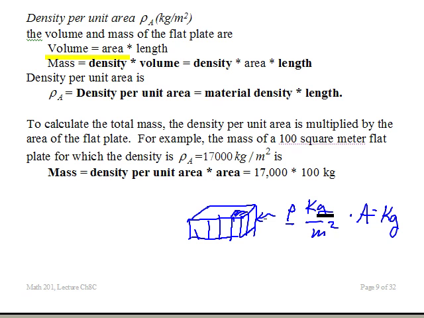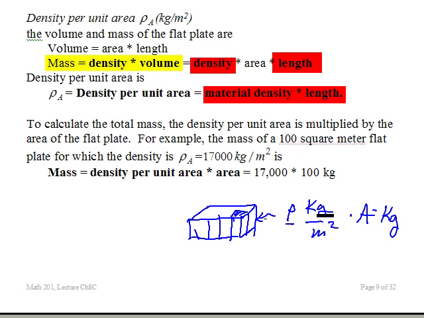Mass is density times volume, but the volume is area times length. If I multiply that density times the length, then the area is all that's missing from the mass calculation. So this density per unit area is just the material density times the length. If I want to calculate the total mass, I have to multiply by the missing dimension, which is the area.